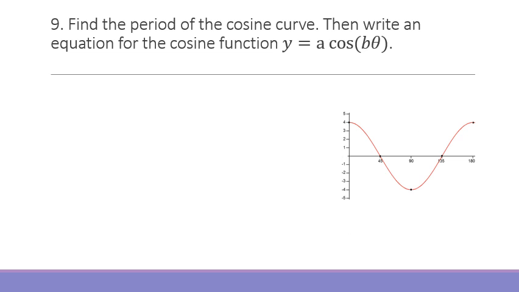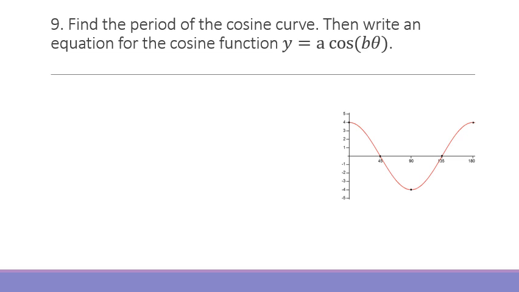All right, next one. Find the period of the cosine curve and write an equation. So let's look at this picture. So we're looking at one period right here. So it looks like this one starts at 0 and it goes to 180. So one period is 180, right? So this one's interesting because this one is actually in degrees instead of in radians.